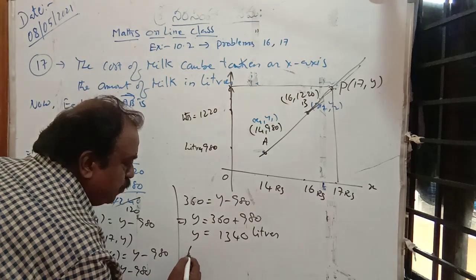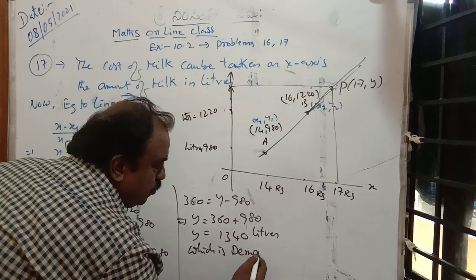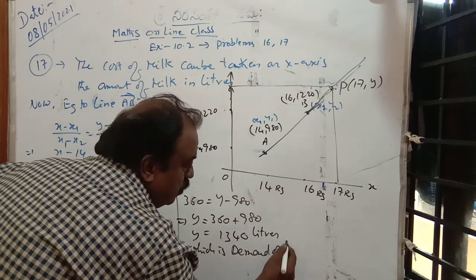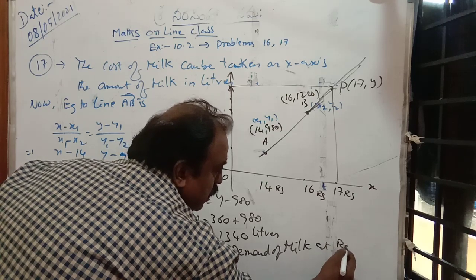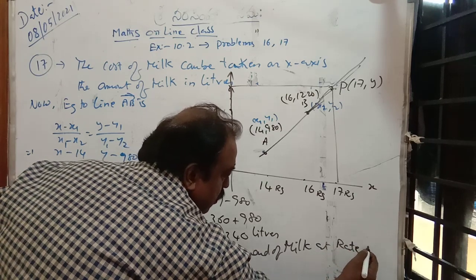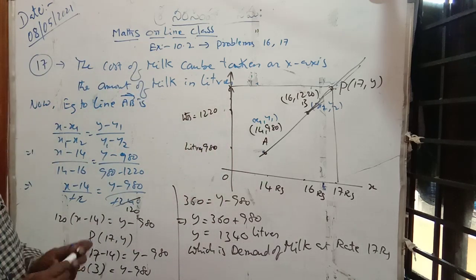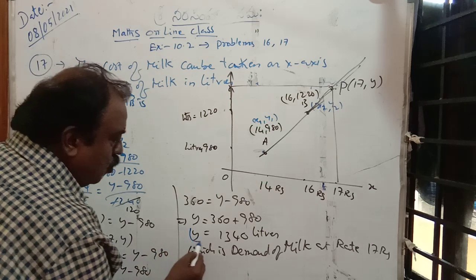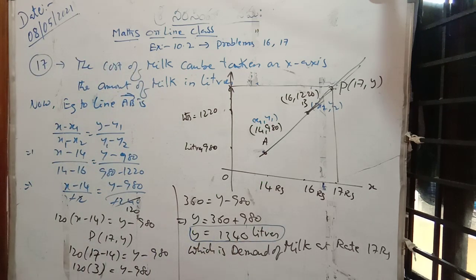okay? It is the demand of milk at the rate or cost 17 rupees. Okay? This is the problem. We need how much milk will be sold out, which means 1340 liters can be sold out at the rate 17.